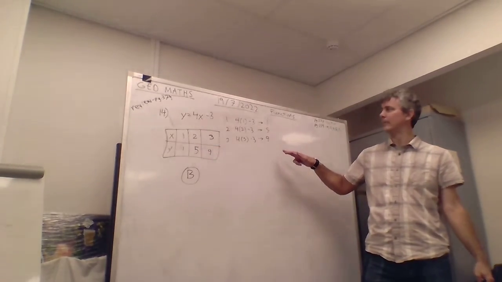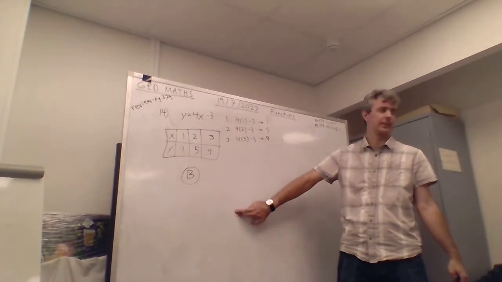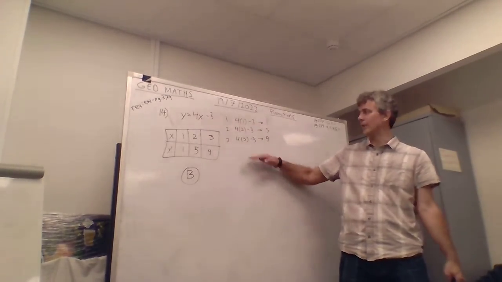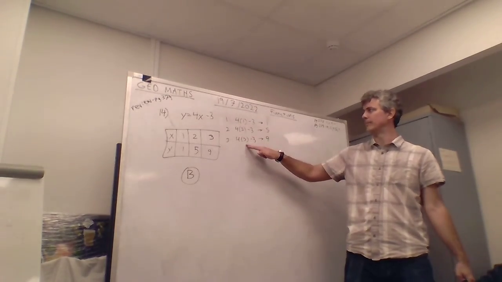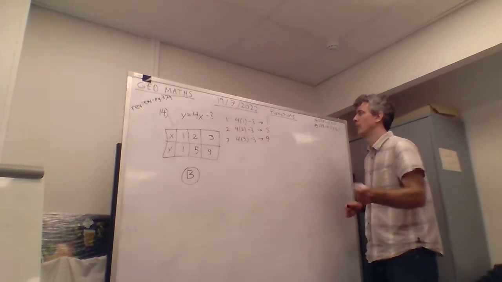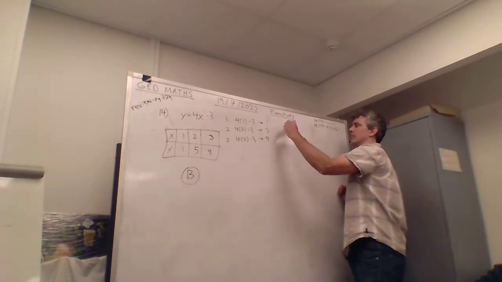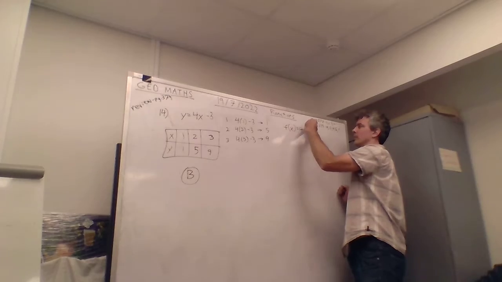And I just did x is 1, x is 2, x is 3. I could have kept going 4, 5, 6, 7, etc., and I would get them, because this is what a function is doing. It's putting it in here. So this is why they say f of x equals 4x minus 3.